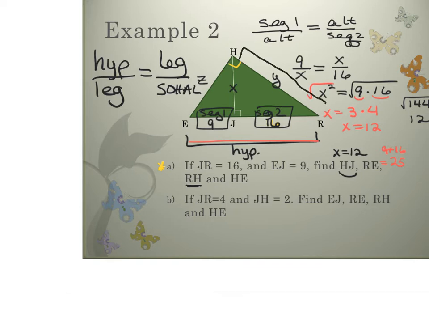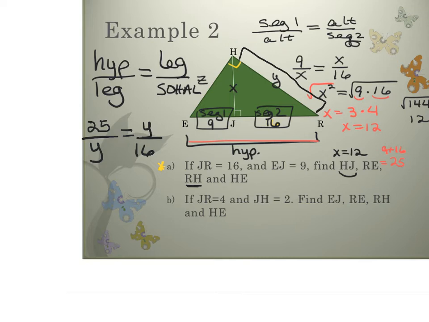So RH is my Y. My hypotenuse, remember, is RE. It's 25. The leg I'm looking for is the letter Y, and the segment adjacent to the hypotenuse of the leg is going to be 16.